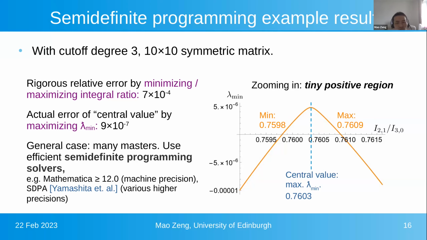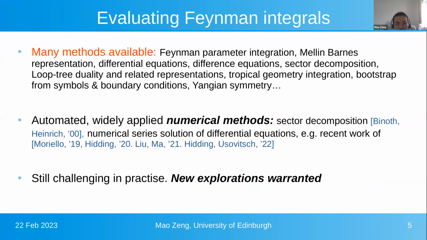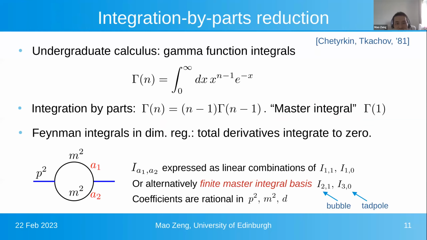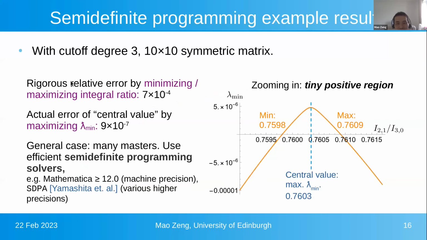But I also encountered one situation where the actual allowed region is very much near the boundary. That's many slides ago. It's a very early slide where I write down two ad hoc constraints, and my exact value lies much closer to the upper bound than the lower bound.